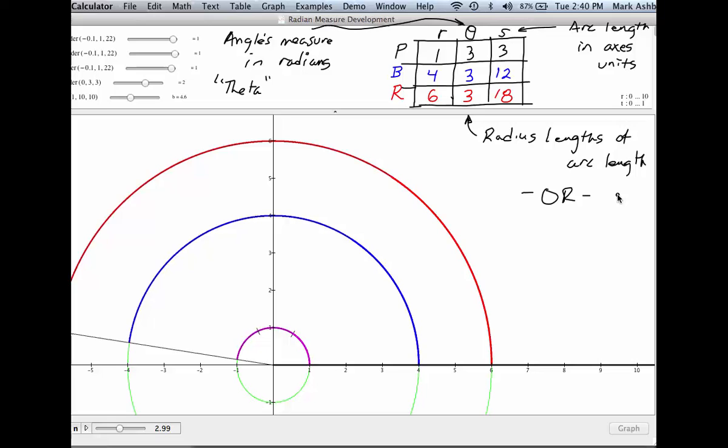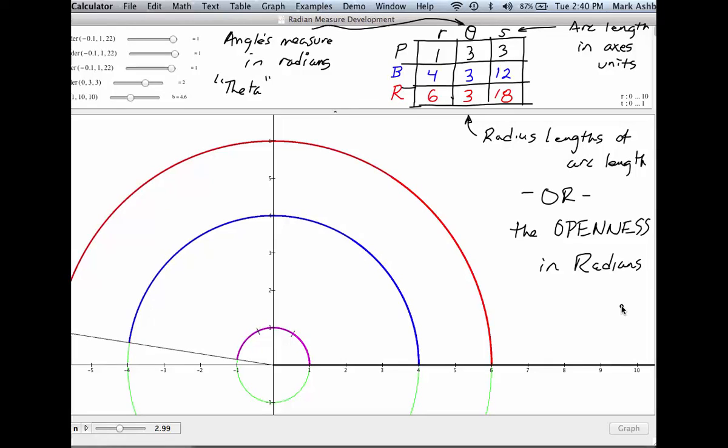Well, we're using radius length as a unit, so we're saying that we're going to cut off 3 radius lengths. But how else are we interpreting that number 3 then? Jaden. Radians, right? It's not a measure of arc length anymore. What's it a measure of? No, not arc length. Openness. In radians, okay?